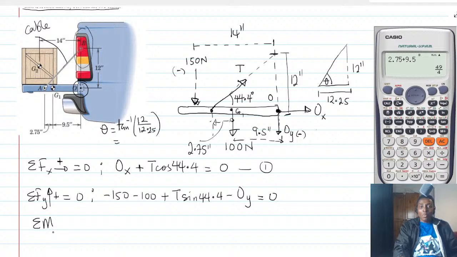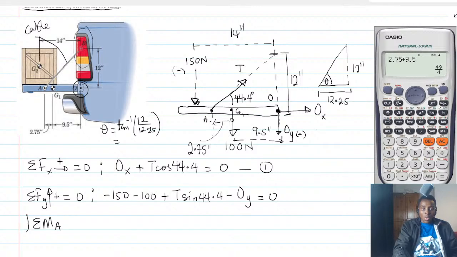So now taking moments about A. Okay, let's take moment about A so that we can eliminate the tension and be able to solve it. Alright, so this is how it's going to be.